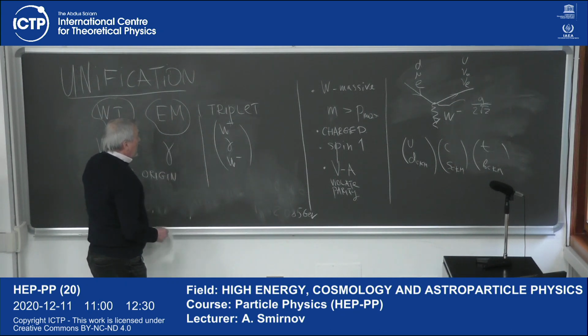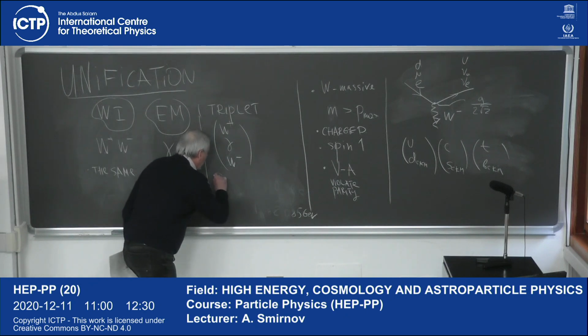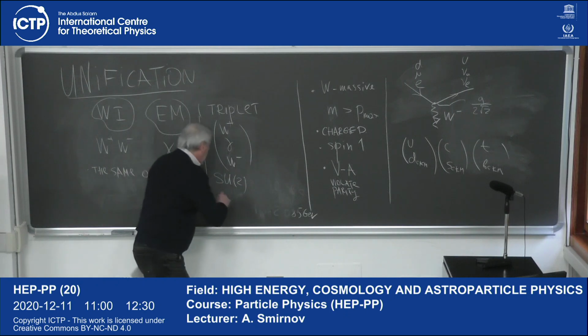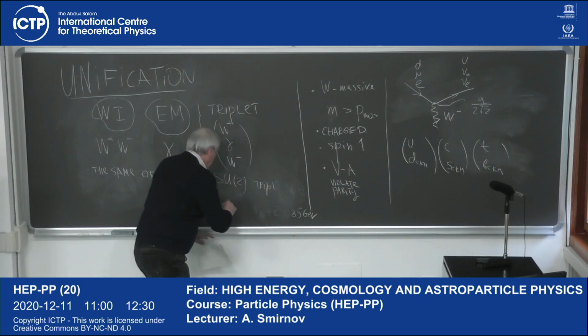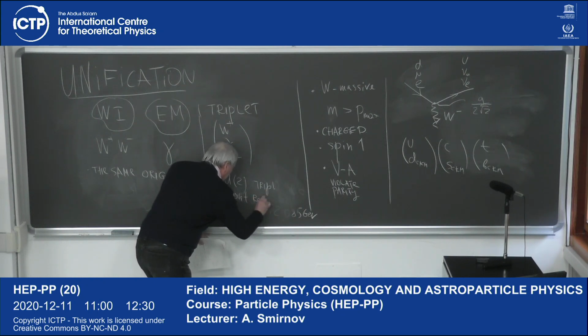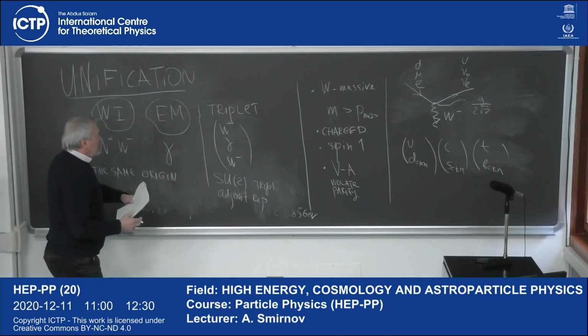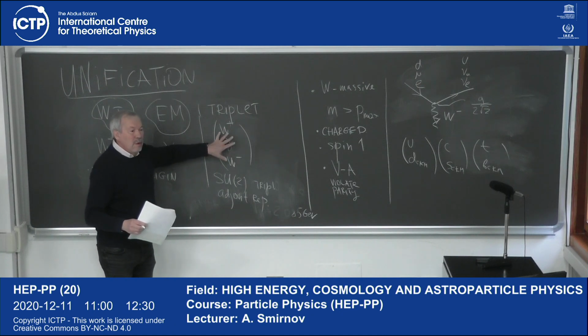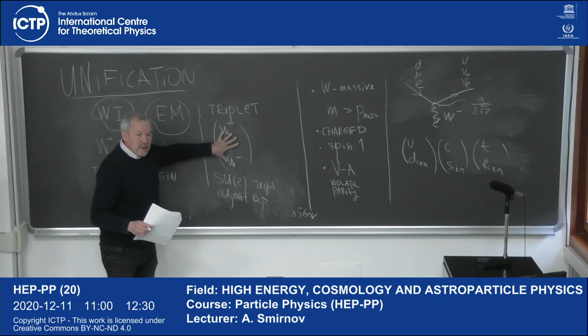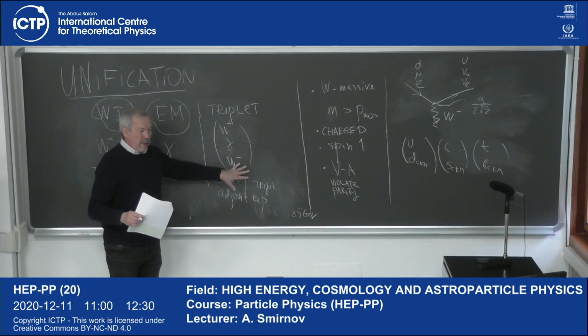So we know that SU2 is the simplest unitary special group, which has a triplet representation, and this is the adjoint representation of SU2. So the question is, can W plus, minus and gamma form the triplet, or adjoint representation, of SU2?